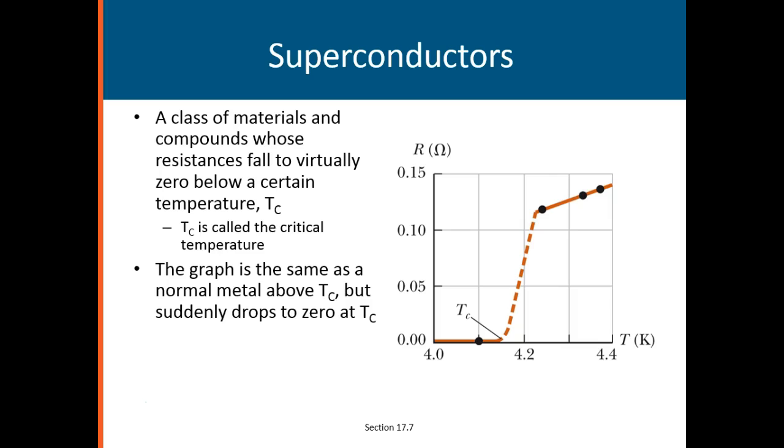Which wire gets hotter? The short wire or the long wire? Or more information is needed. A is the short wire, B is the longer wire, and C says more information is needed. What do you think?